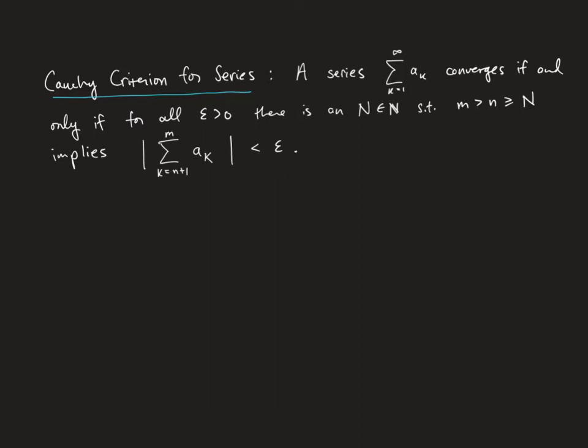So it says the sum of the tail is arbitrarily small.